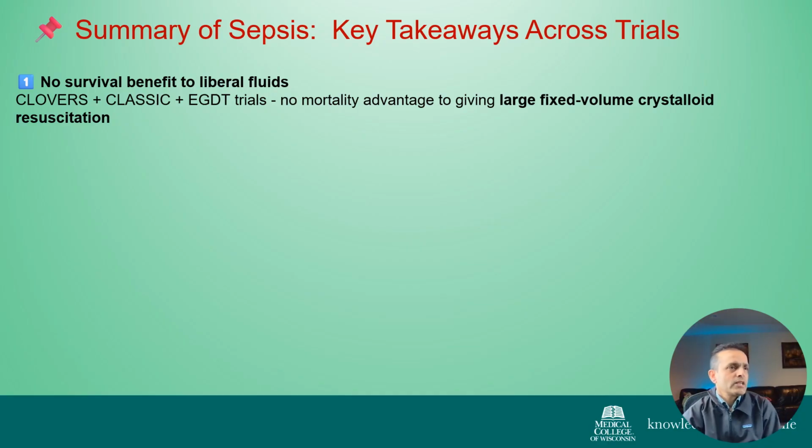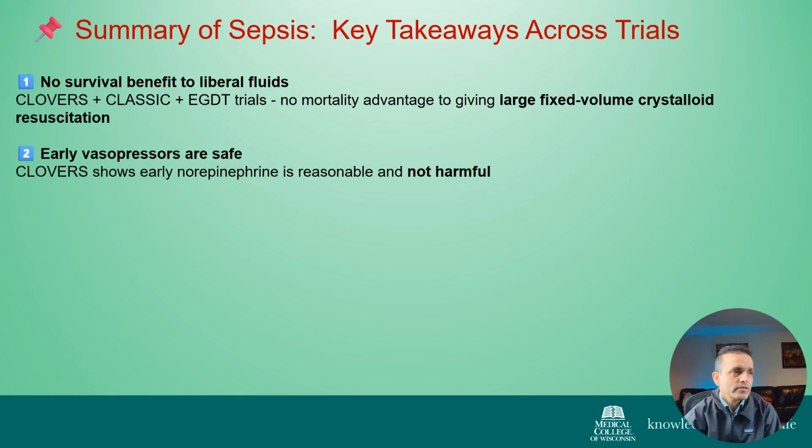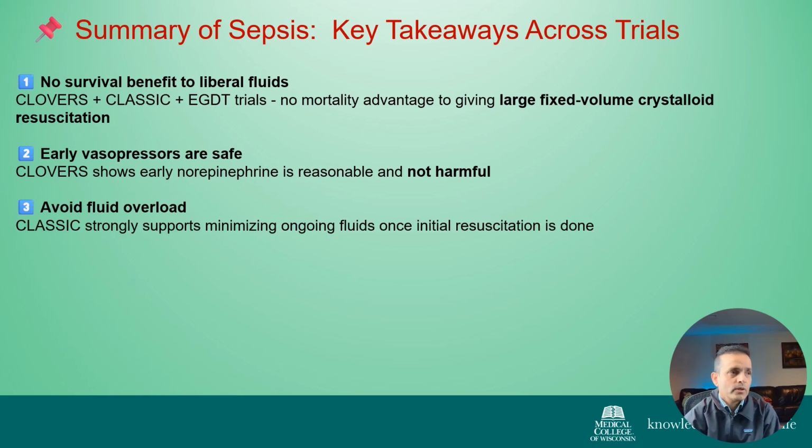So let's talk about a summary of sepsis. No survival benefit to liberal fluid management: in CLOVERS and the CLASSIC trials, and the classic early goal-directed trials, no mortality advantage to giving large volume crystalloid resuscitation. Early vasopressor is safe. CLOVERS showed that early norepinephrine is reasonable and not harmful.